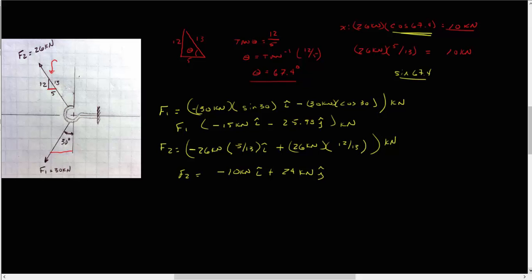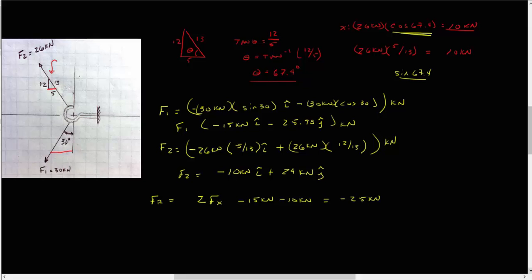Now note I put kilonewtons on the outside and then I put kilonewtons here. Either way works. So to find my magnitude or my resultant force of the two, I could say Fx first. Summing my forces in the x, I got negative 15 kilonewtons minus 10 kilonewtons is equal to negative 25 kilonewtons.